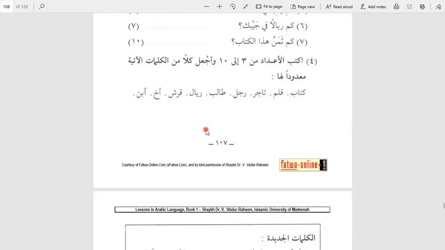And what we are going to do is write from 3 to 10.